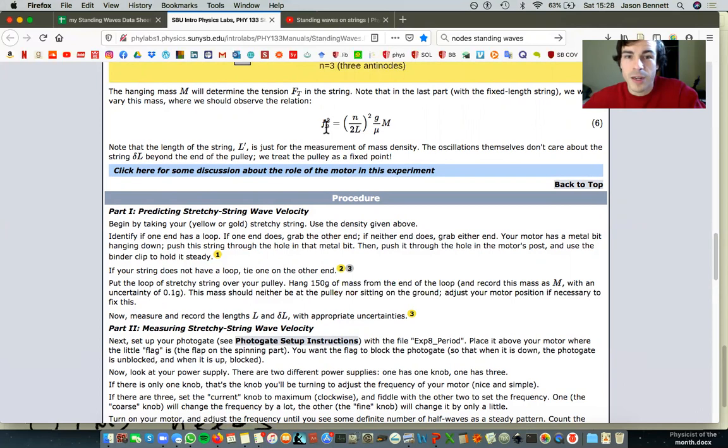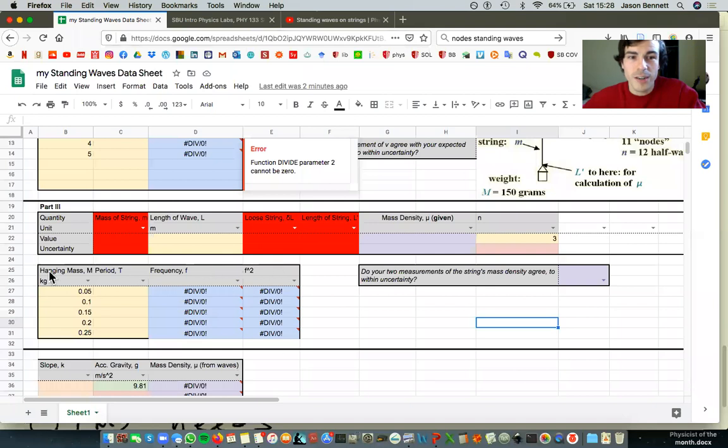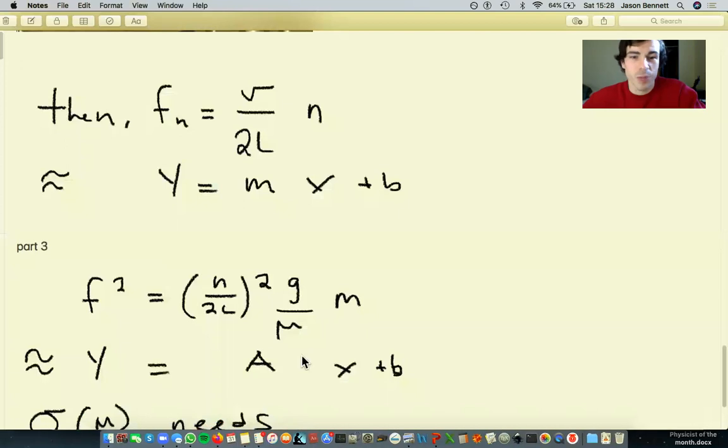The dependent quantity, which is going to be the y, is the frequency squared. So you have a frequency squared and you have a mass. Again, plot those, get the slope, isolate mu, so you have mu equals something times slope.